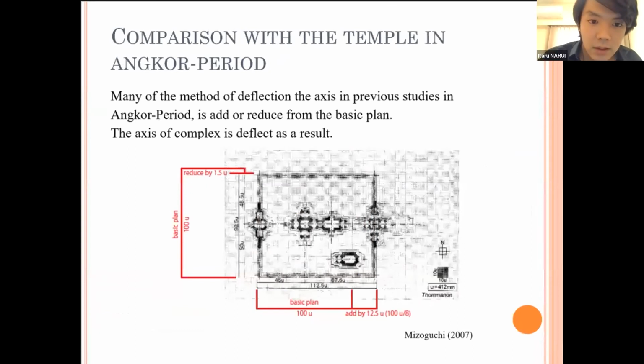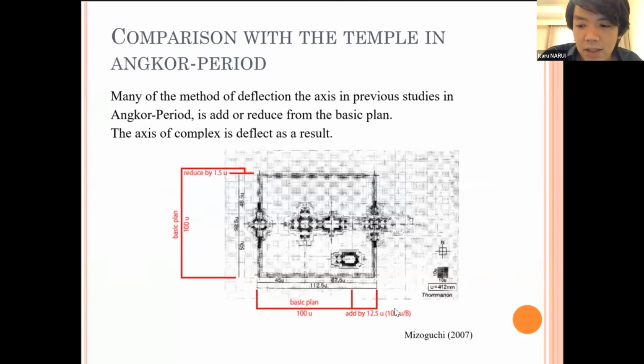And in previous studies, for example, in Tomanon Temple, the basic plan is estimated to be 100 units square, and the east and west sides are reduced by 1.5 units based on the basic plan.